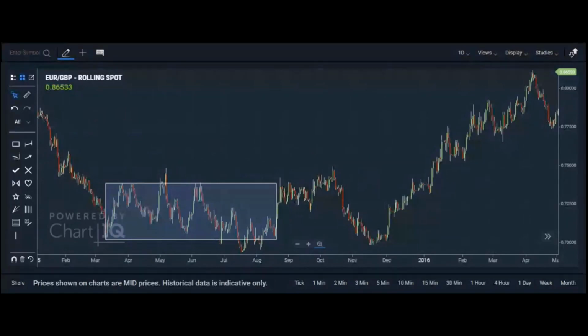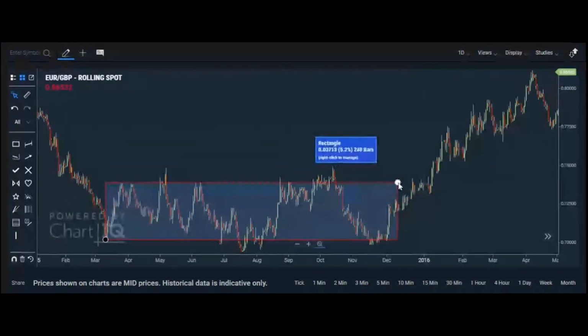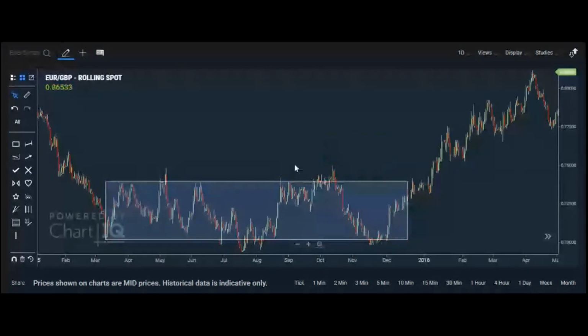Price came back into the sideways channel or the ranging market. Look down below also, it happened 3 times before price changed direction and moved. Almost every time there was a false breakout, false breakout, false breakout.